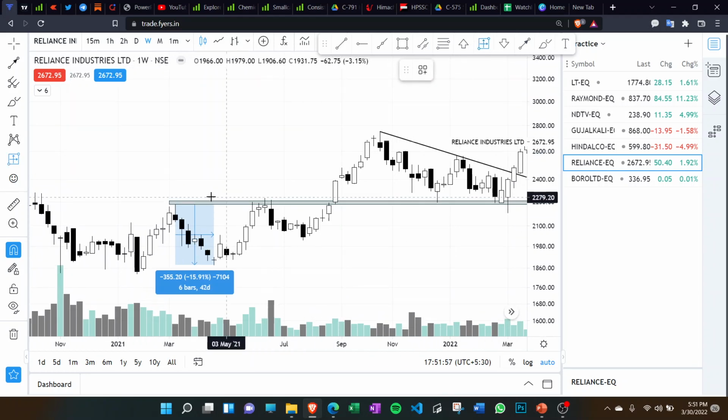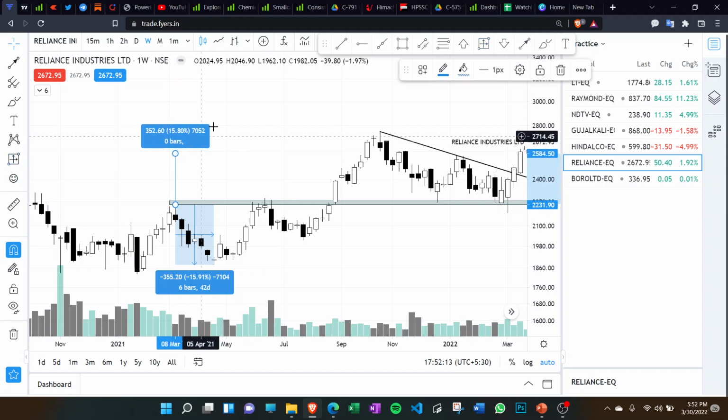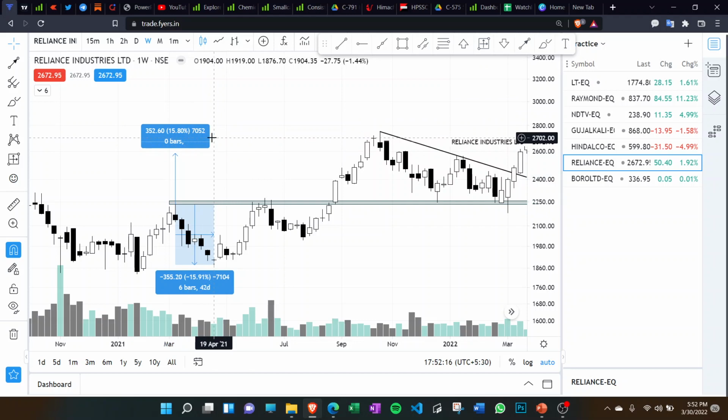So to calculate the target, from the resistance level to the upside, we can take a few points up and down. This is how you calculate the target: the vertical height of the cup formation added on the upper side of the resistance is your target price.